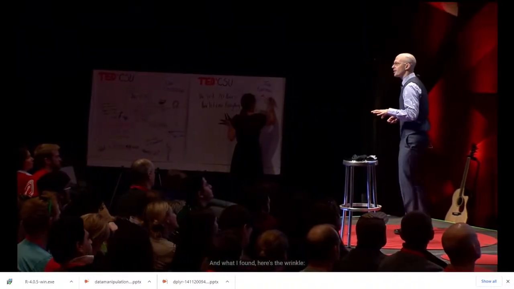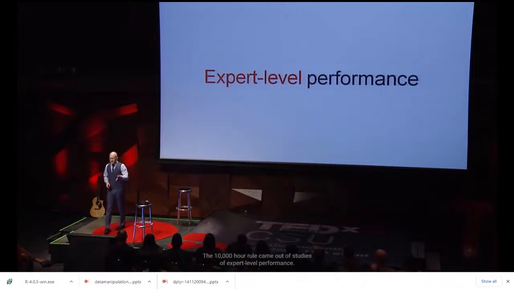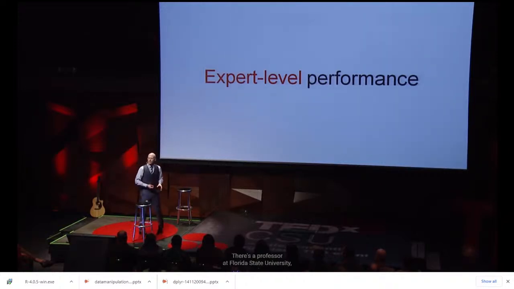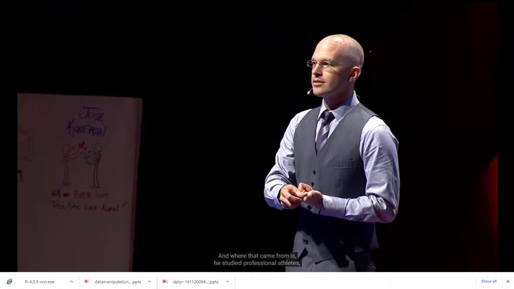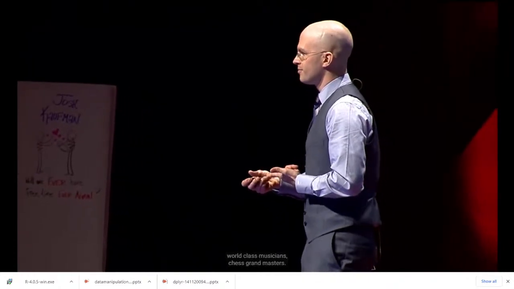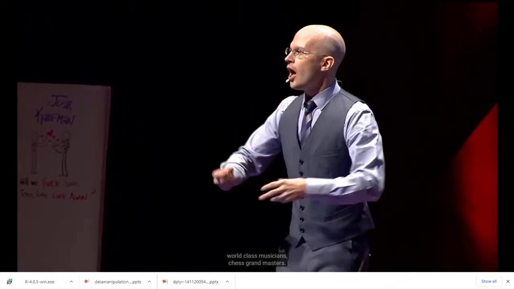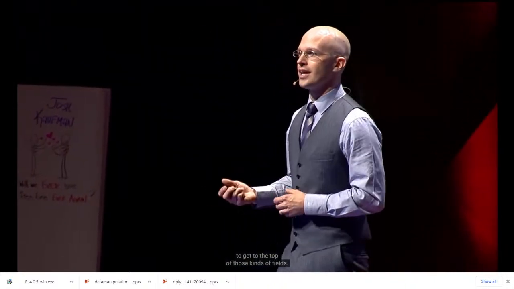And what I found, here's the wrinkle. The 10,000 hour rule came out of studies of expert level performance. There was a professor at Florida State University, his name is K. Anders Ericsson. He's the originator of the 10,000 hour rule. And where that came from is he studied professional athletes, world-class musicians, chess grandmasters, all of these ultra-competitive folks in ultra-high-performing fields, and he tried to figure out how long does it take to get to the top of those kinds of fields.